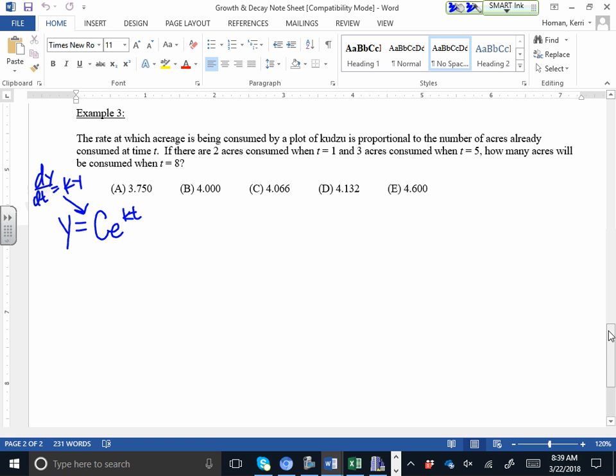What do we know? We know that there are 2 acres consumed when t equals 1. So y equals 2 when time is 1. Okay? And we know that 3 acres are consumed when t equals 5.